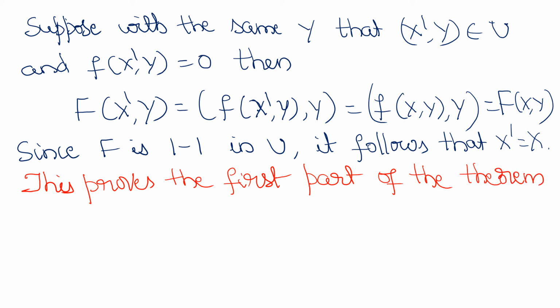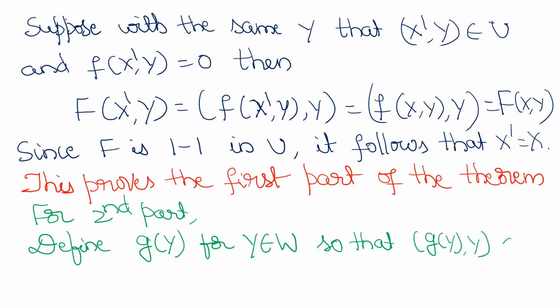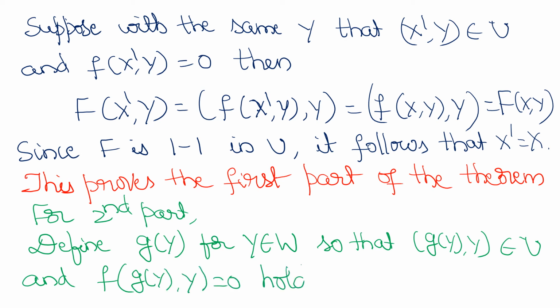Now for the second part, let us define g(y) for y belongs to W, so that (g(y), y) belongs to U and f(g(y), y) is equal to 0 holds.